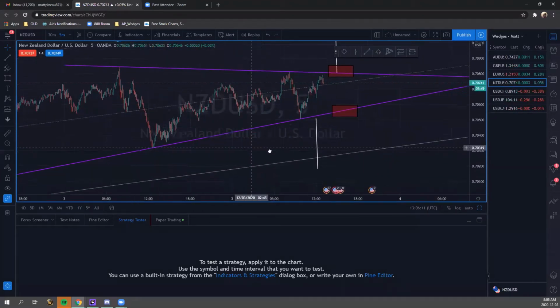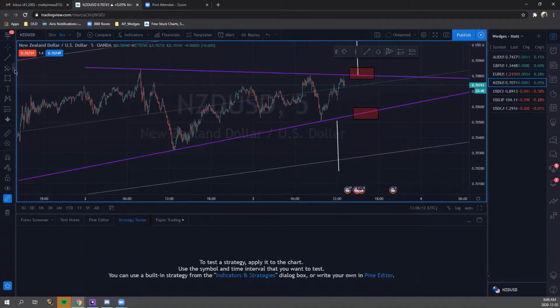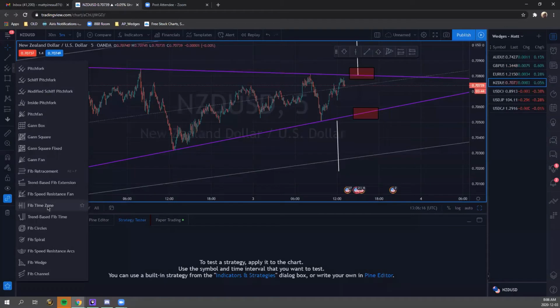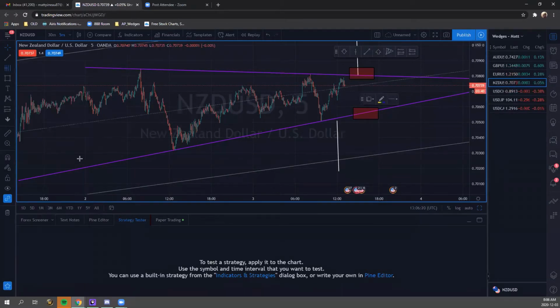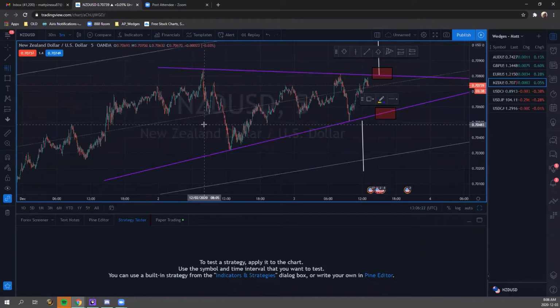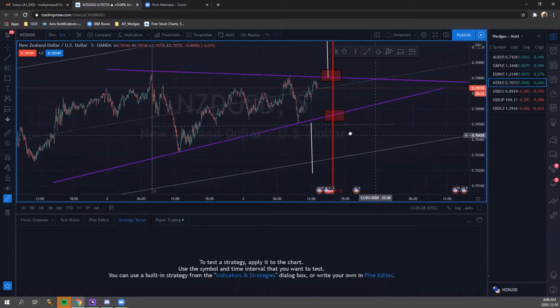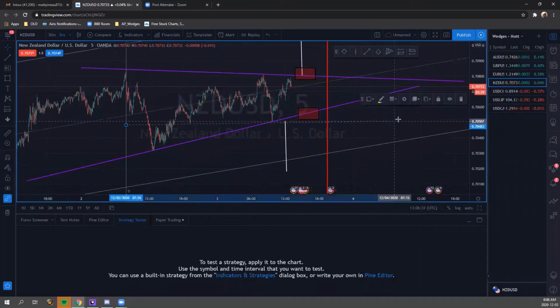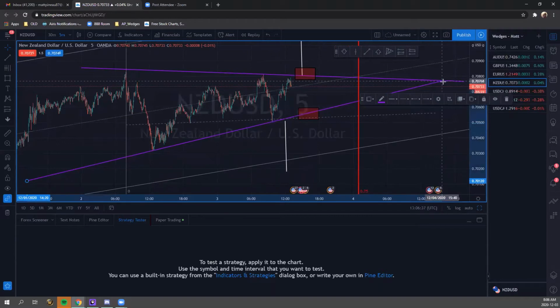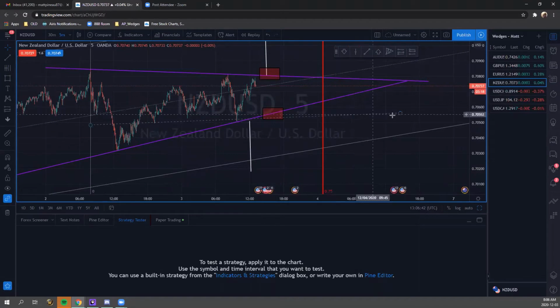Now I'm going to be contrarian to what I just said, but we can do something fun. We can take the Fib time zone, and based on some analysis that one of my mentors did a while back, a lot of the time you're going to get a break by the time.